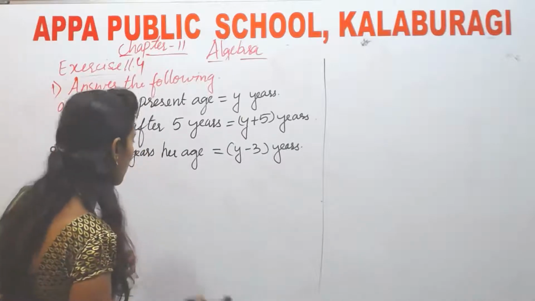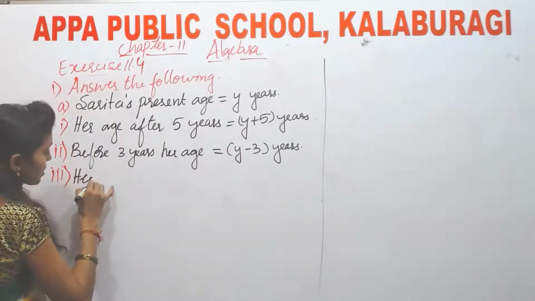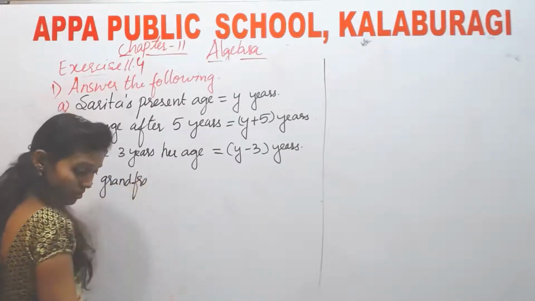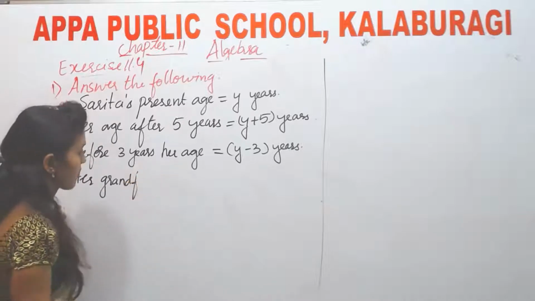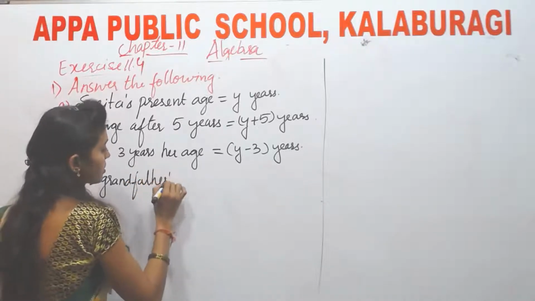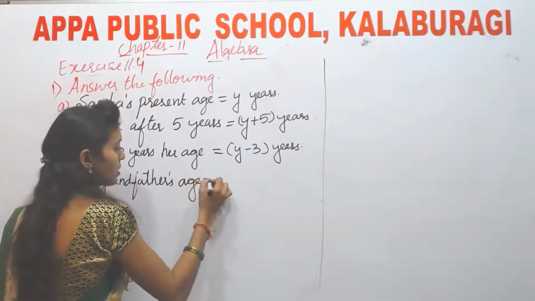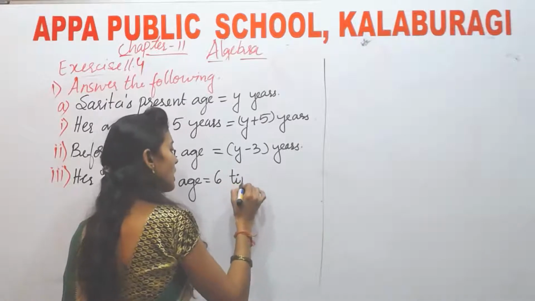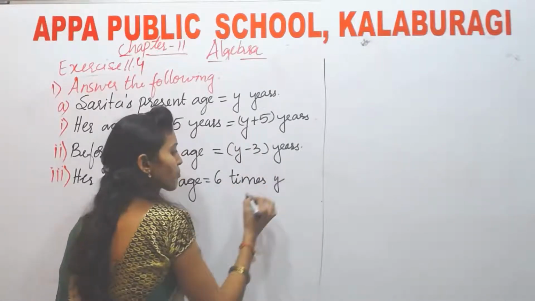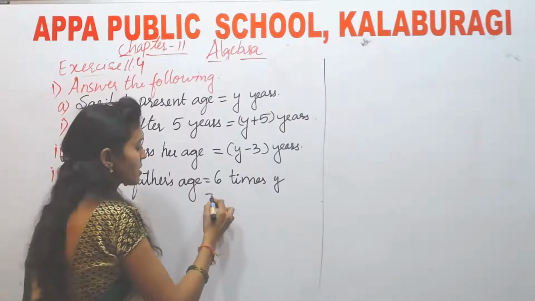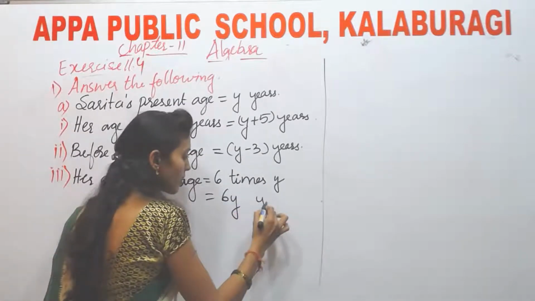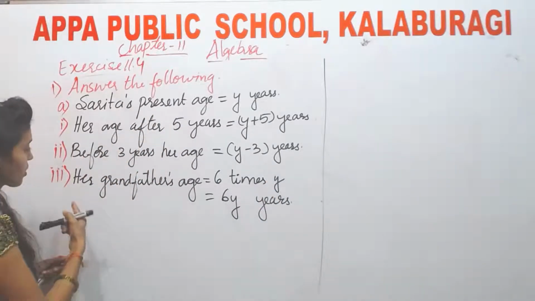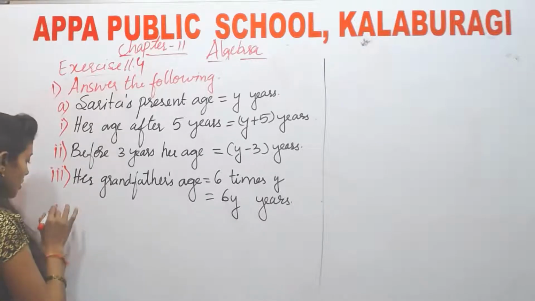Her grandfather's age is 6 times her age. 6 times her age is Y. 6 times Y is nothing but 6Y years. So grandfather's age is 6Y years.